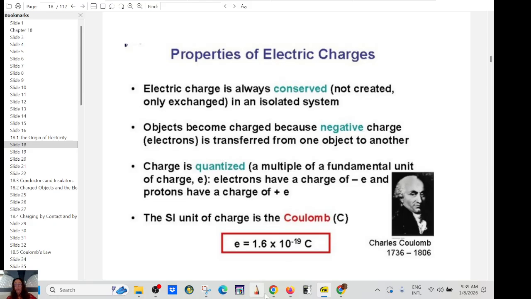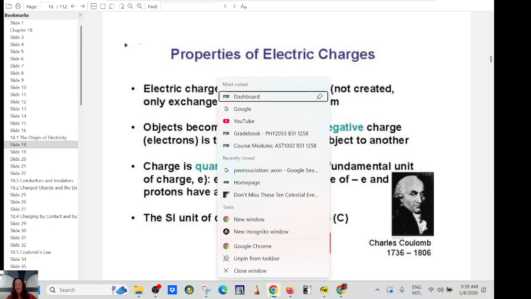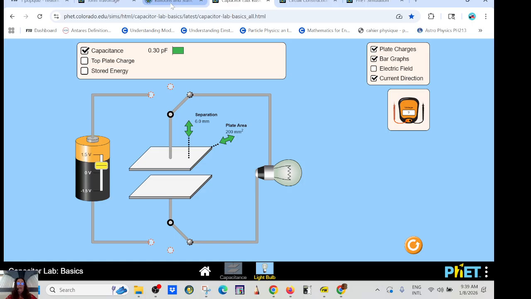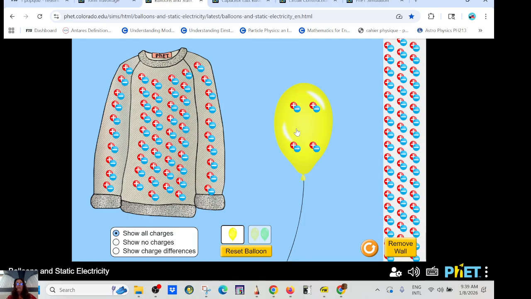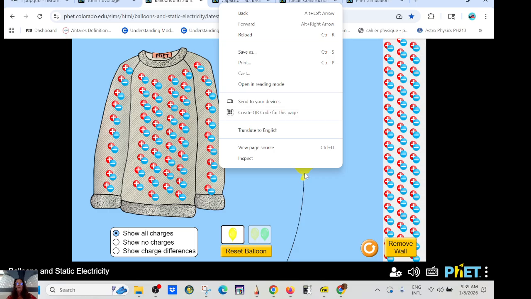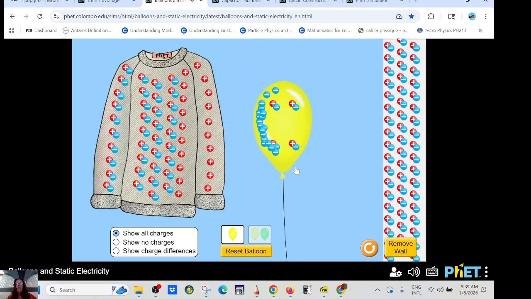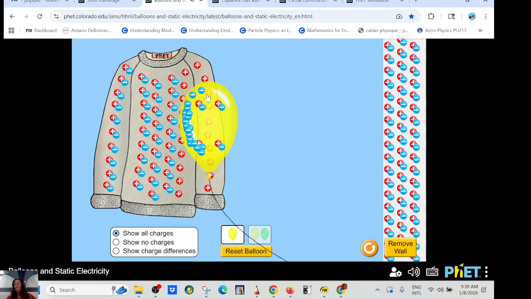So if you go back to this example here with the balloon, the balloon becomes negatively charged, and you can count how many electrons you have. You cannot have 10.5, 10.3. Okay, it's an integer.